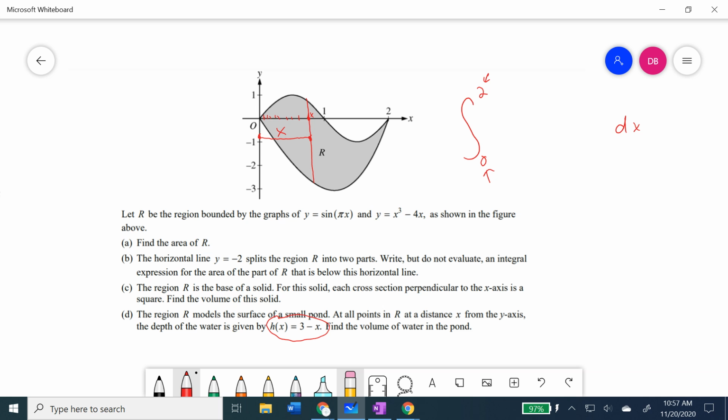So if you're trying to understand what's going on, you might think, well, when x is 0, that means the depth is 3 units. When x is 1, the depth is 2 units. When x is 2, the depth is 1 unit.